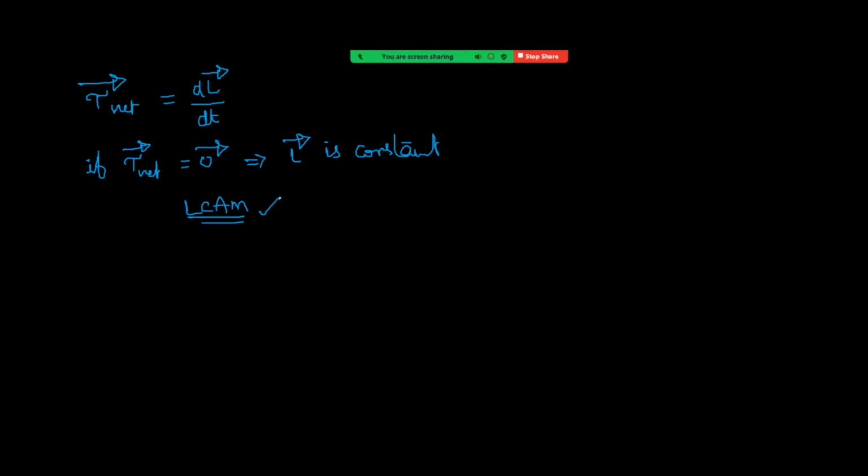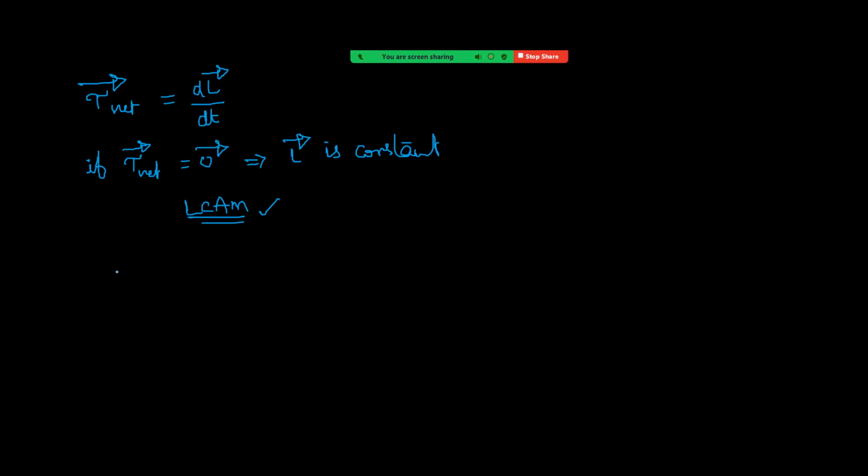First we have to focus on whether the net torque on the system is zero or not. And one more thing to keep in mind is about which axis the net torque is zero. About the same axis we have to conserve angular momentum.